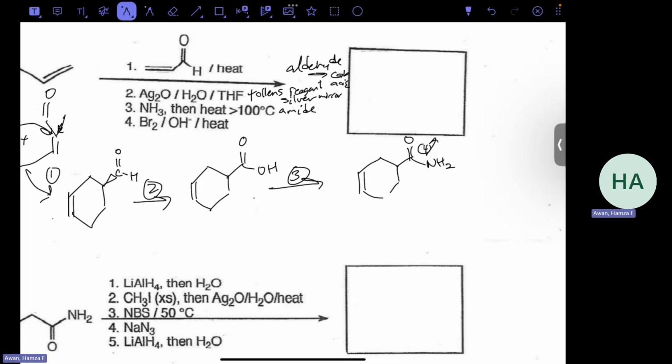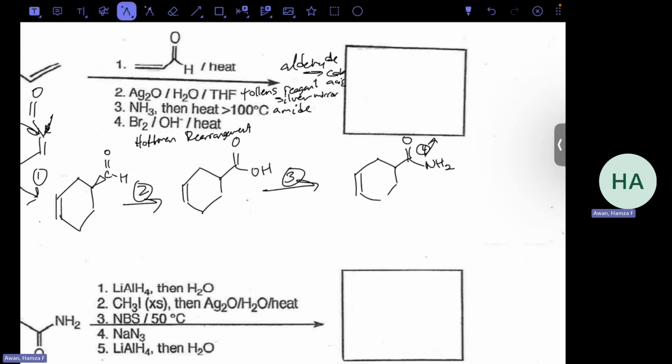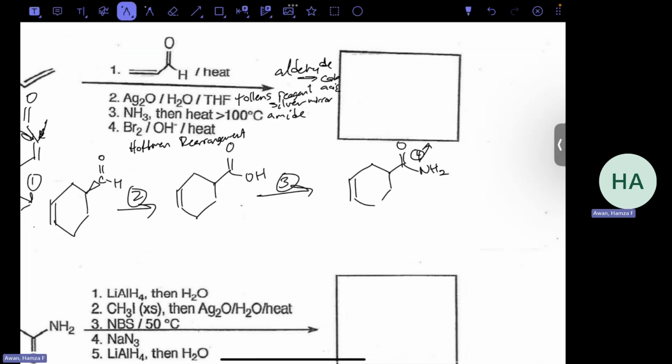And now we have our final step, Br2, OH, and heat. This is, I forgot what it was called, the Hoffman rearrangement. That's just a big word for saying take off the carbonyl.